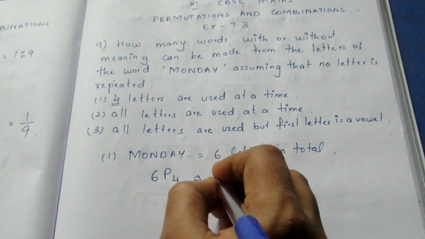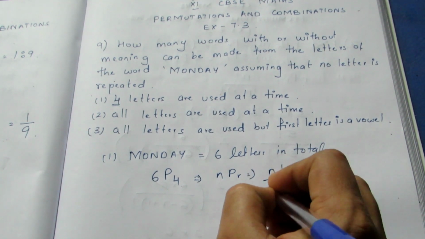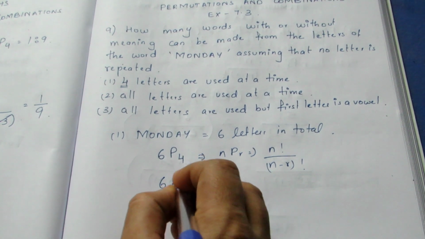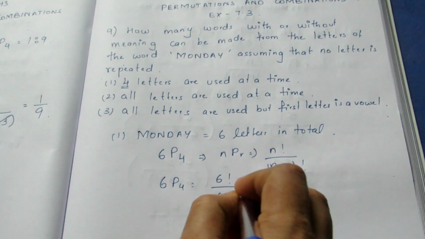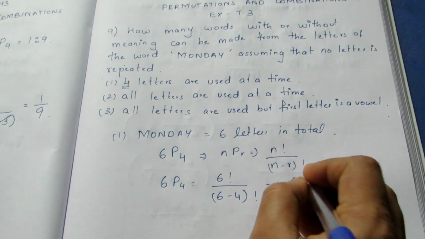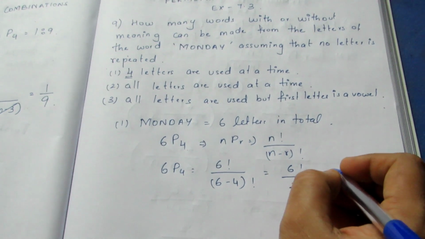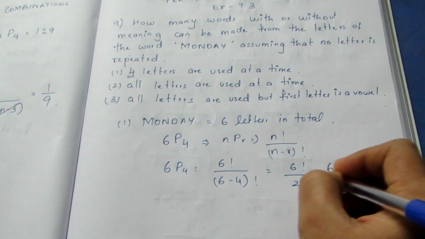We know that nPr is equal to n factorial by n minus r factorial. The same way we are going to do it for 6P4, which is 6 factorial by 6 minus 4 factorial, 6 factorial by 2 factorial, then 6 into 5 into 4 into 3 into 2 by 2.